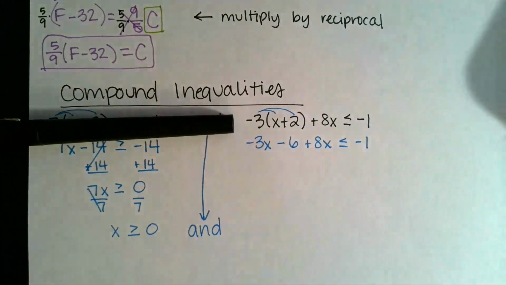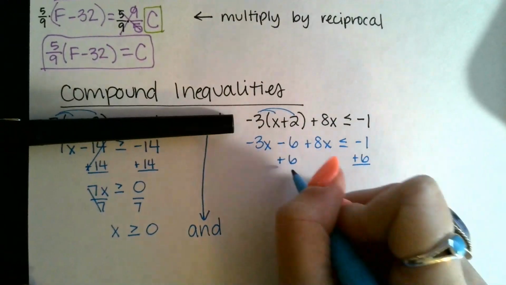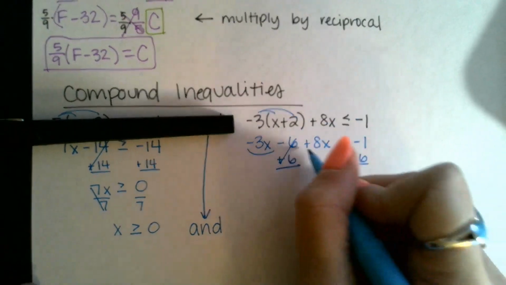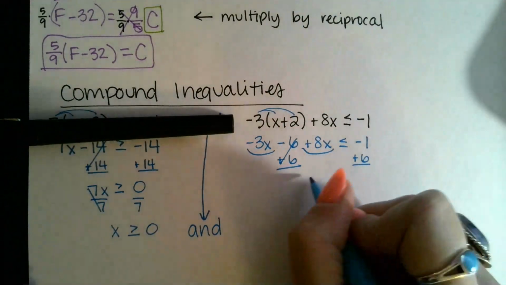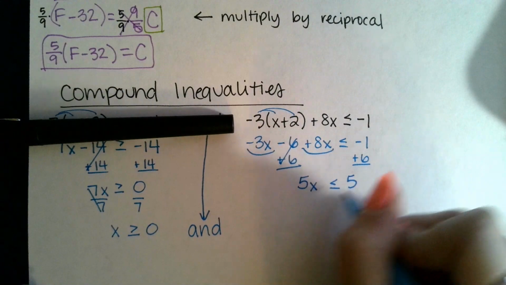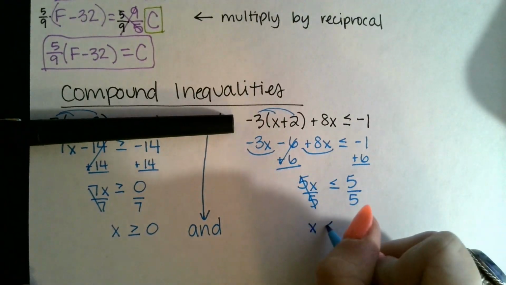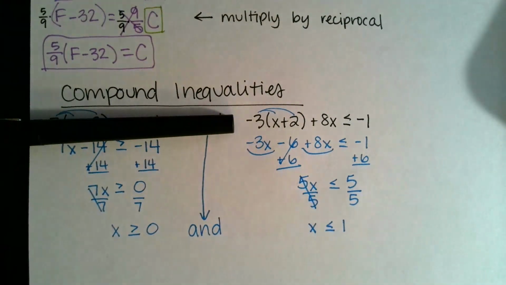So I distributed negative 3. I'm going to add 6 to both sides. And I'm going to combine like terms in the same step. I get 5x is less than or equal to 5. X less than or equal to 1.